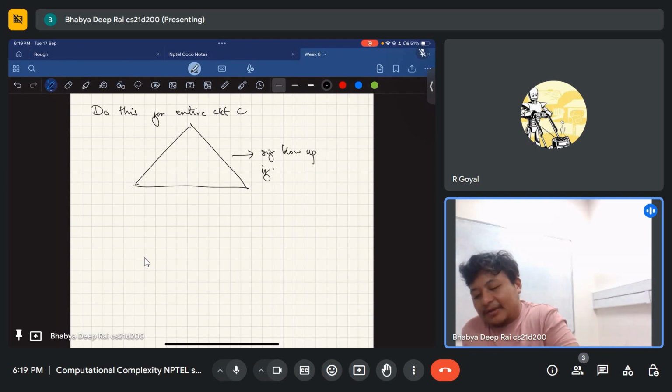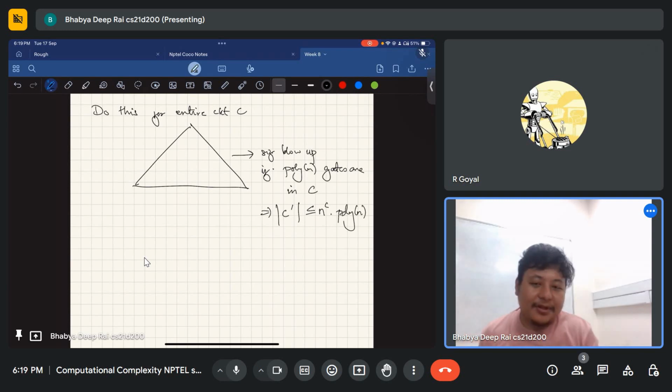Suppose poly n gates are there in C, that is, the size of C is poly n. Then the new C prime has size at most some n to the C times poly n, which is still polynomial.